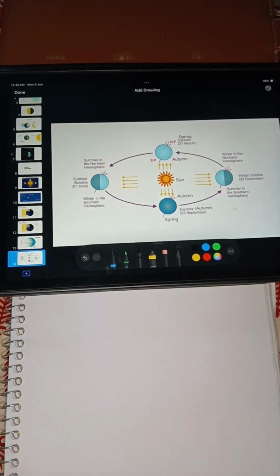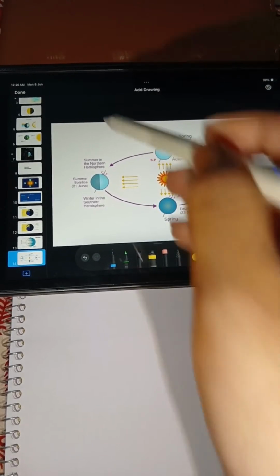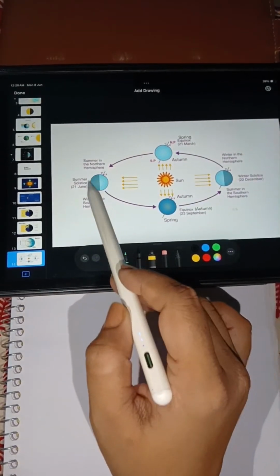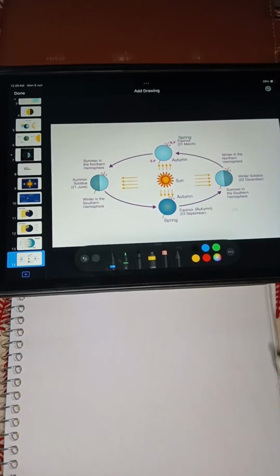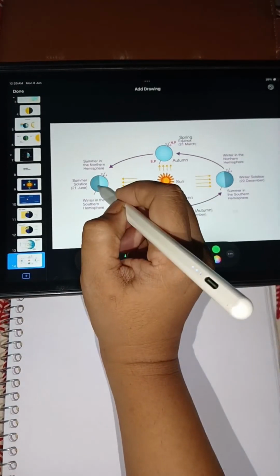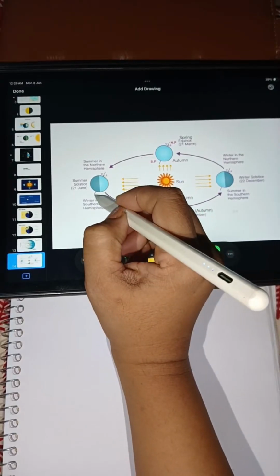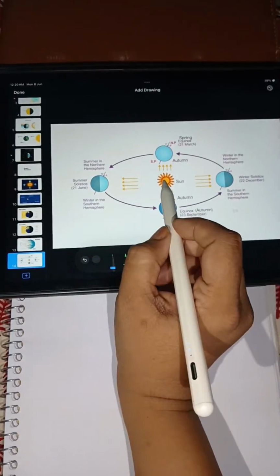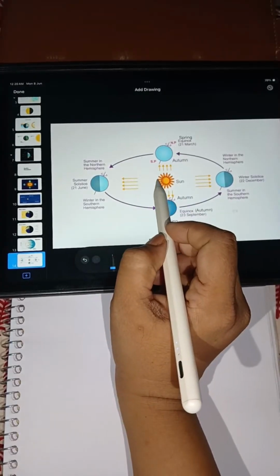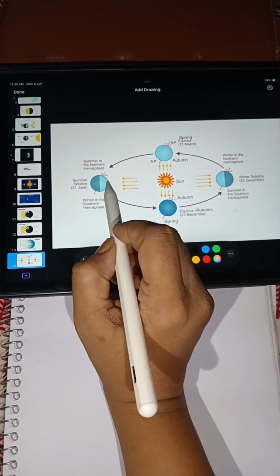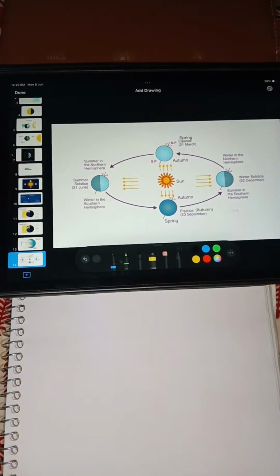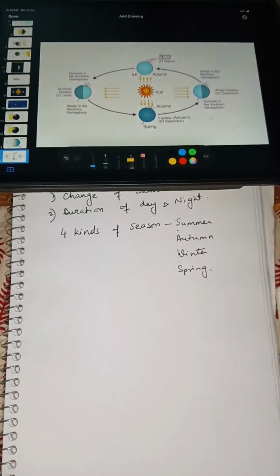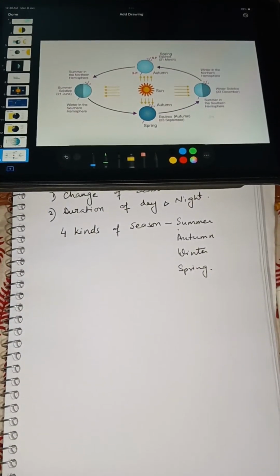Now, as the earth revolves, we know that the earth is tilted on its own axis. Due to this tilt, on this day the sun is directly overhead on the Tropic of Cancer, that is the northern hemisphere.